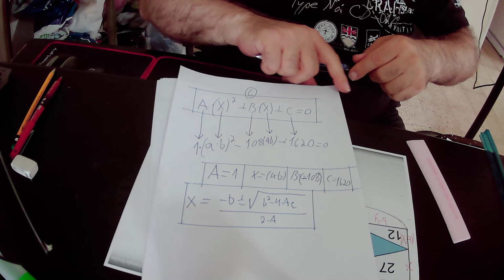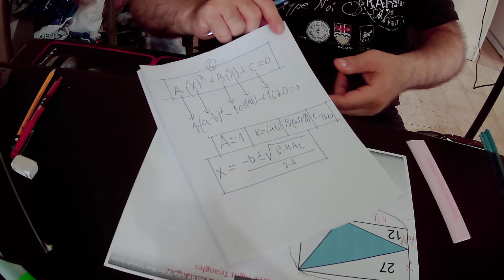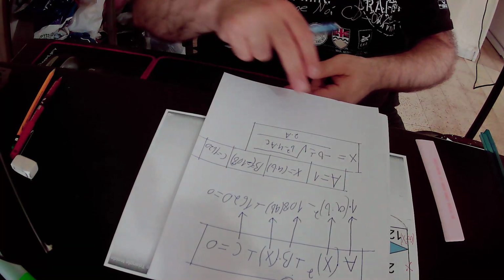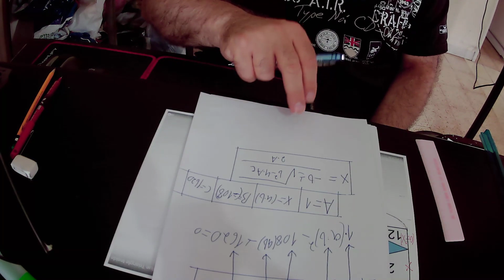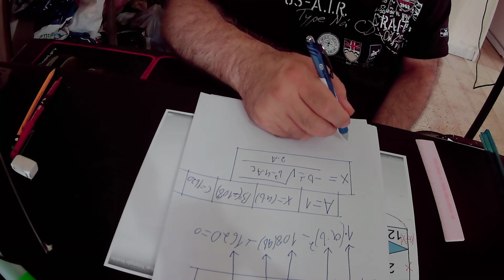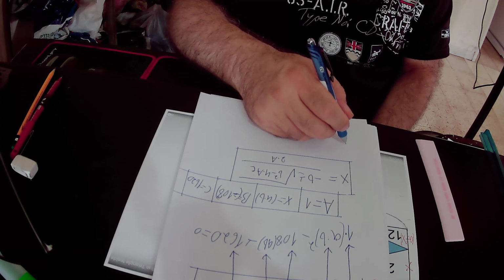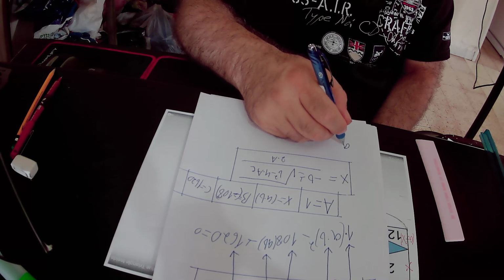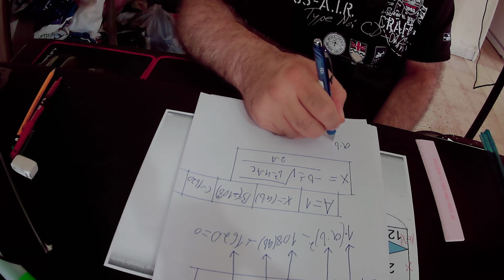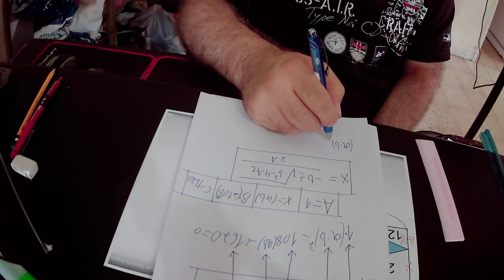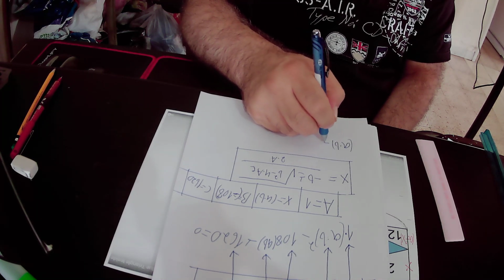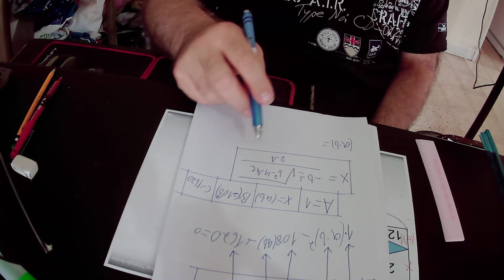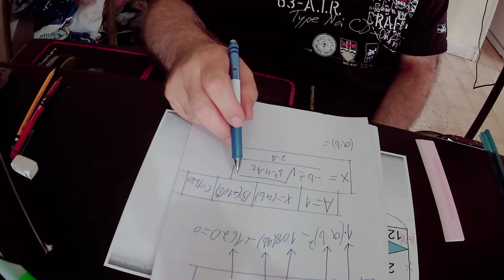So we will write all the data that we have here in order to find the value of x, that is to say, the value of a times b that equals x. So x equals a times b, and it equals minus b, which is minus negative 108.